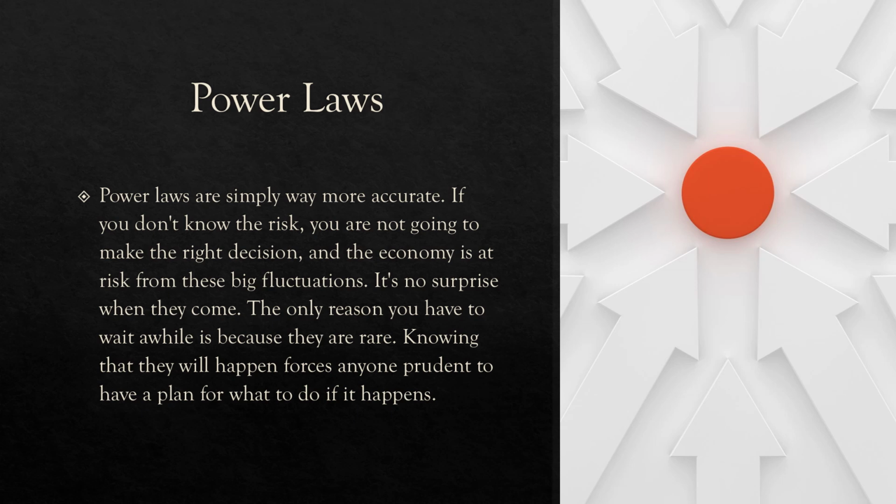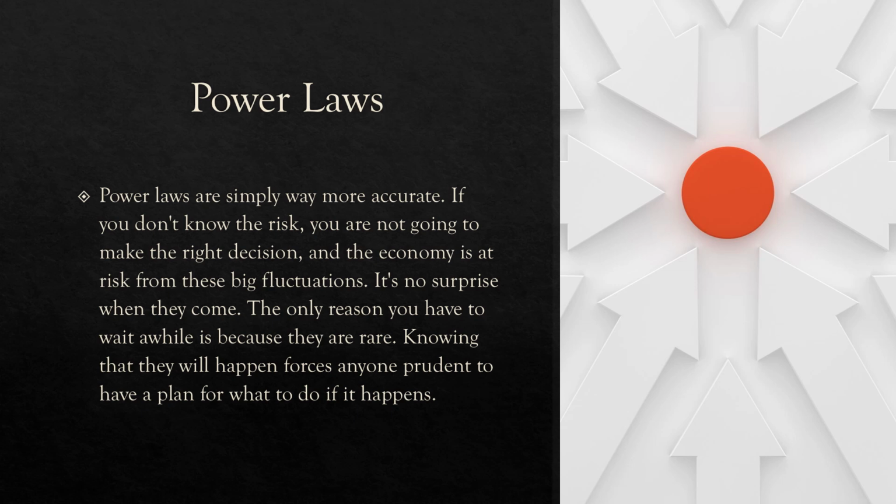Now, we do have something that's known as power laws. Power laws are simply a more accurate way to predict what's happening in the market. Because if you don't know the risk, you're not going to make the right decision. And the economy is at risk of these big fluctuations. It's no surprise when they come.